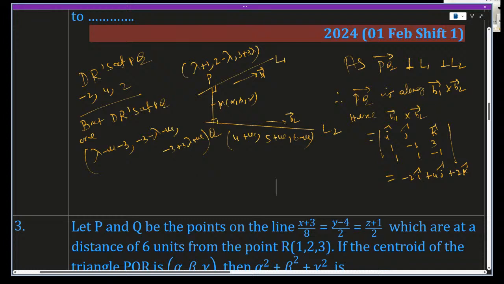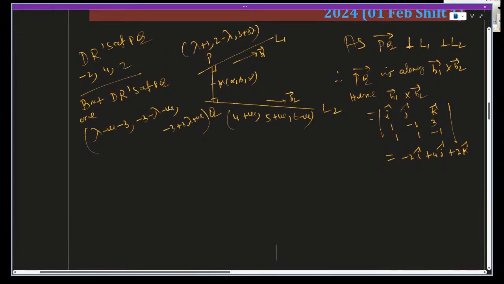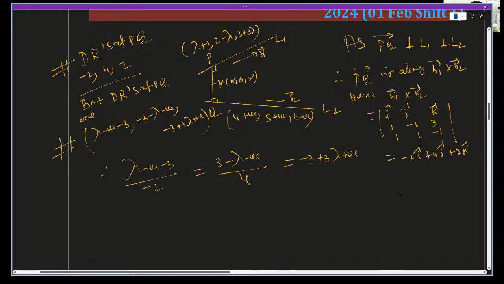Clear? So obviously these two must be proportional. Don't say equal. Okay? So this divided by minus 2 equals this divided by 4, isn't it? They are proportional.